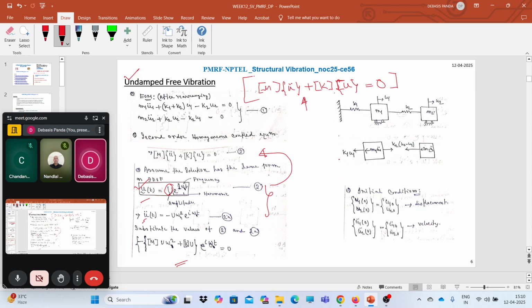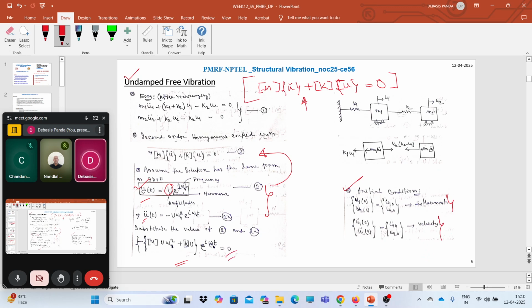The vibration can start from absolute zero, or there can be some initial condition. We are talking about the free vibration case, and we know that free vibration is initiated with some initial condition, by providing some initial velocity or some initial displacement. So we need to look into the initial conditions. Let's say these are the initial displacements for the 2 degrees of freedom, and these are the initial velocities for the 2 degrees of freedom.